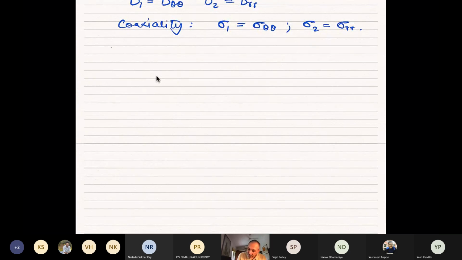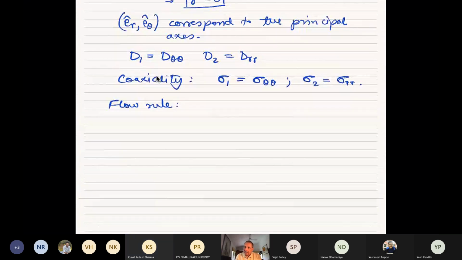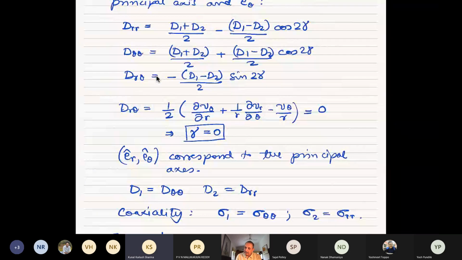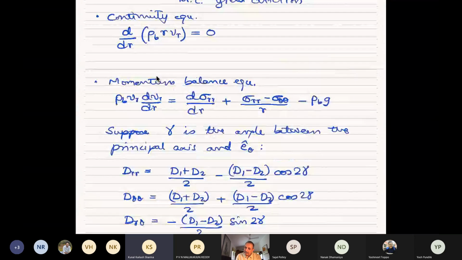Now let's just look at the flow rule. Sir, I apologize to disturb, but I have one thing to ask. Sure, go ahead. In the previous derivation, we have assumed that g, the acceleration due to gravity in the radial direction, is constant. It is possible when the wedge angle is too small, right?